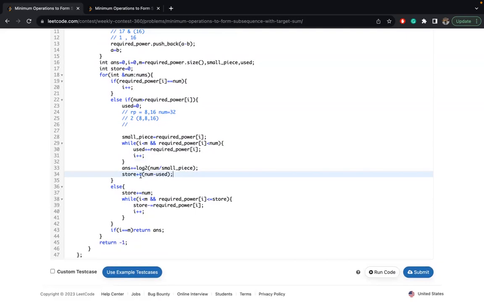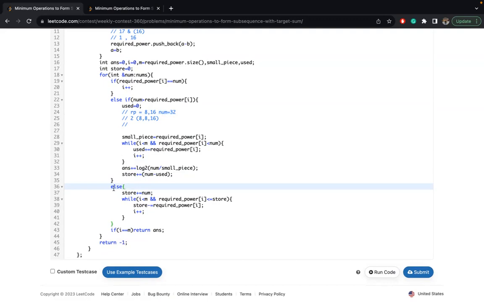Why are we updating storage with num minus used? I think I have discussed it. The num is 32, and you have used 8 plus 16, that means 24. So 8 is remaining, that goes to storage. So these two conditions are discussed: when required power is equal to num or required power is lesser than num.